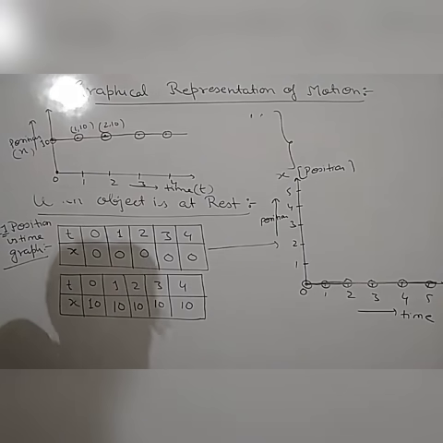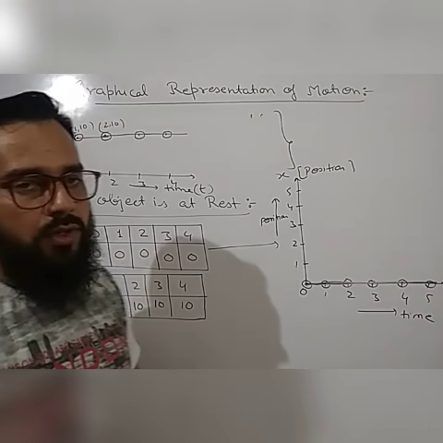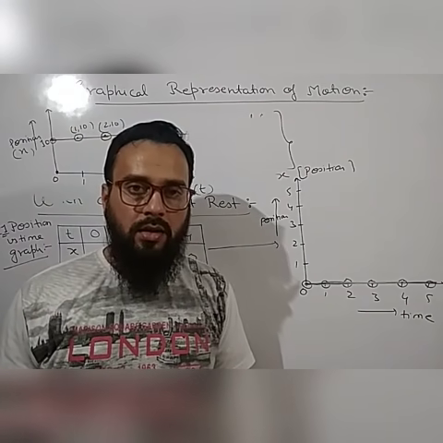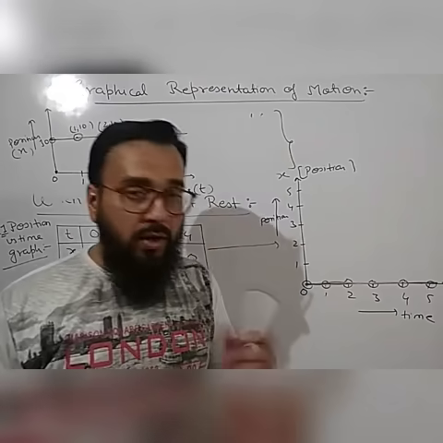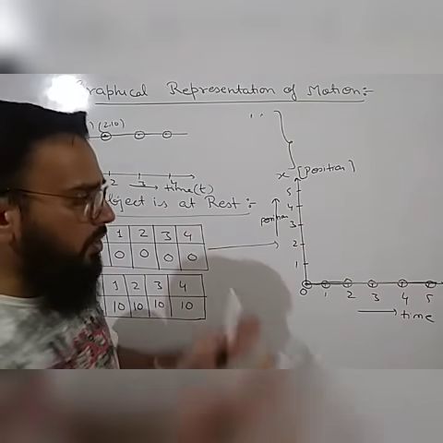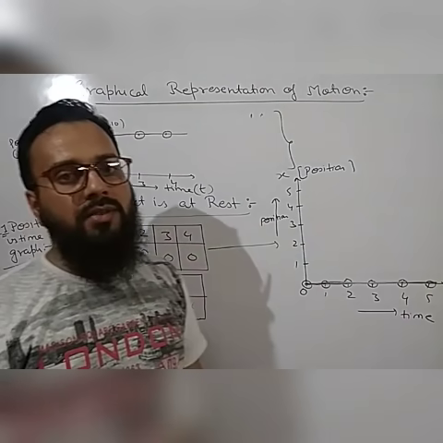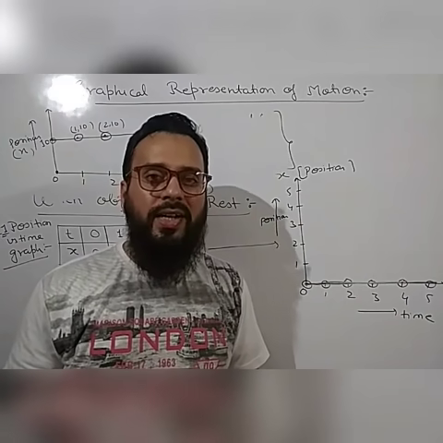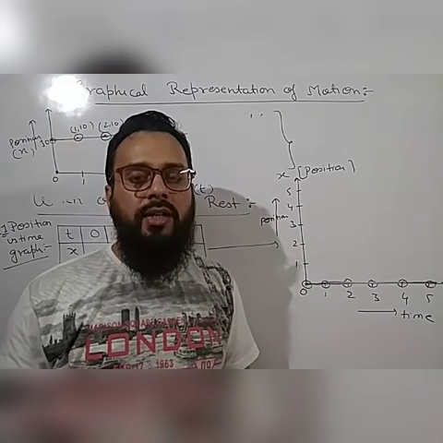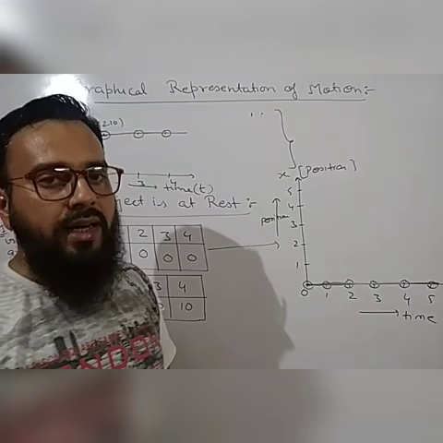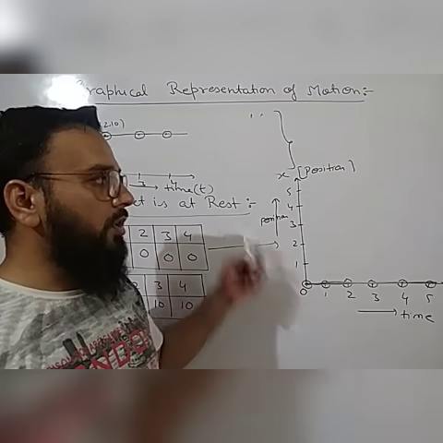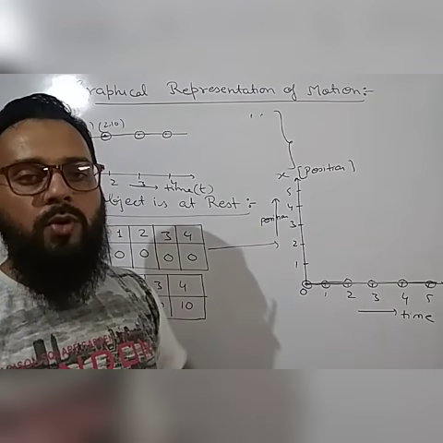So today we have drawn the position-time graph of the object at rest. Now we will look at the velocity-time and acceleration-time graphs. Since the position is not changing, the velocity will always be 0 and the acceleration will also be 0. It means the velocity-time graph and acceleration-time graph for the object at rest are not possible.